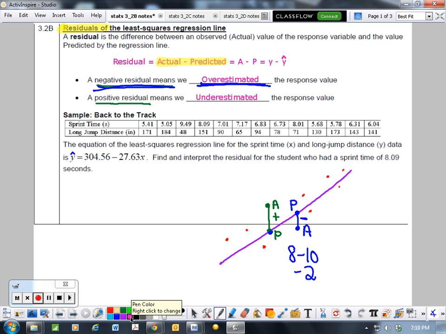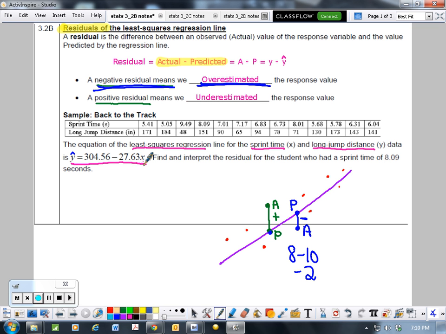So we have an actual sample problem, and this is back to a track. We're comparing sprint time to long jump distance. Our regression equation takes sprint time and looks to see if it can help predict what's happening with the long jump. Our prediction equation is given to us right here.